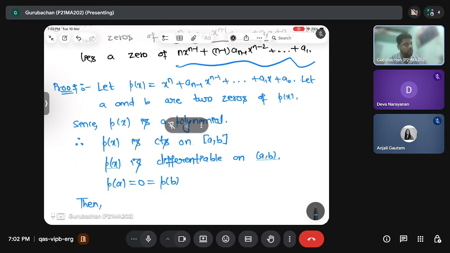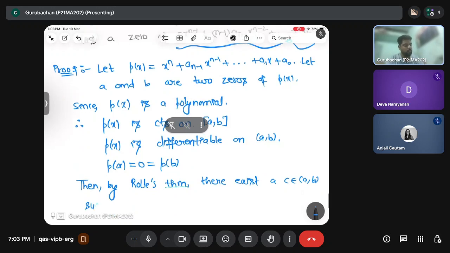Then by Rolle's theorem, there exists a c in (a, b) such that p dash c is 0.